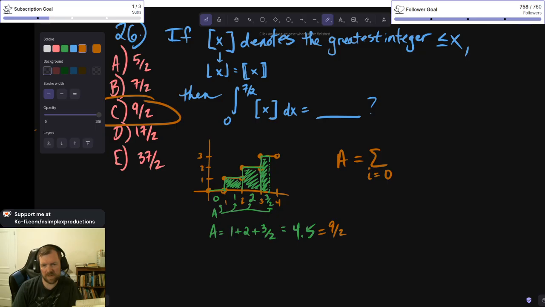So that means, right, this is the integral from 0 to b of the greatest integer function x dx. Okay, of just i.